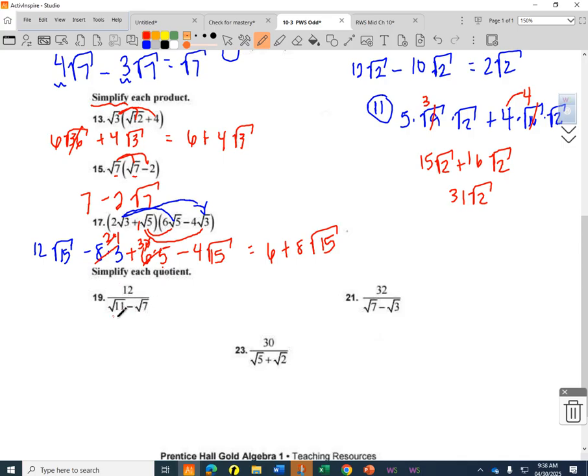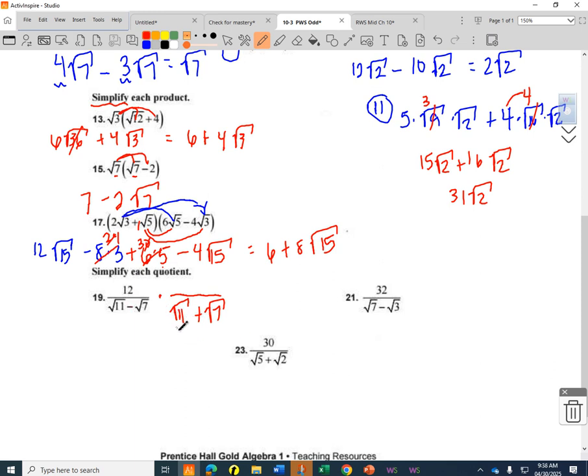So the square root of 11 minus the square root of 7. If anybody remembers how to find the conjugate of that, what is the conjugate of the square root of 11 minus the square root of 7? Beautiful. It's exactly the same thing. Square root of 11, square root of 7, but if this is a subtraction, we make this a plus. If that were a plus, we make that a subtraction.